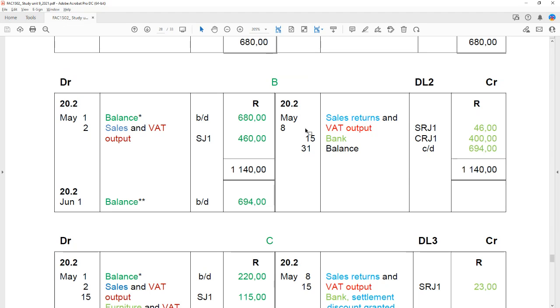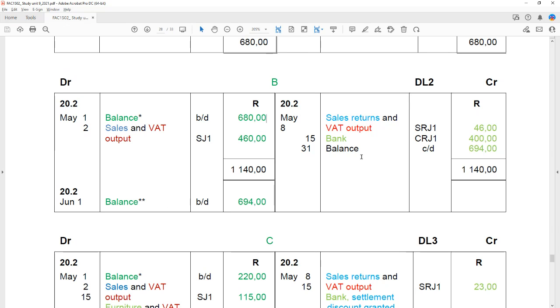When I balance, I carry it down. It's my balancing amount which I carry down. And then at the beginning of the next month, it's brought down. So from the end of the previous month, I brought it down to the beginning of the current month.